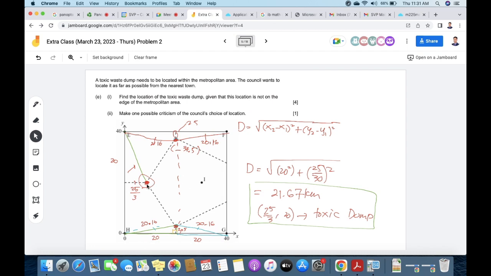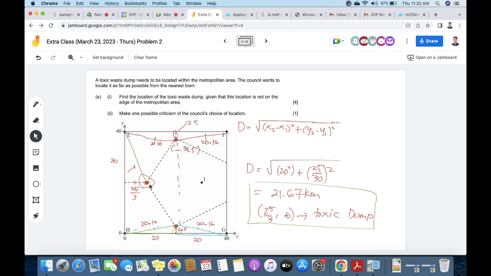So even if this is farthest among all the points, what could be a reason, or what could be something that the council has miscalculated? How do I say it into words? What is that thing that the council failed to consider when choosing this point? Or what did they miss? They're only considering the distance.